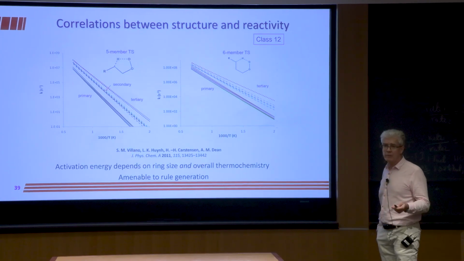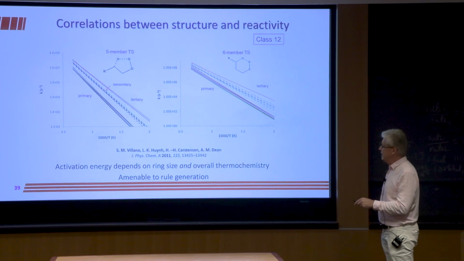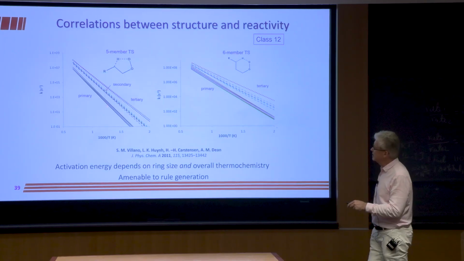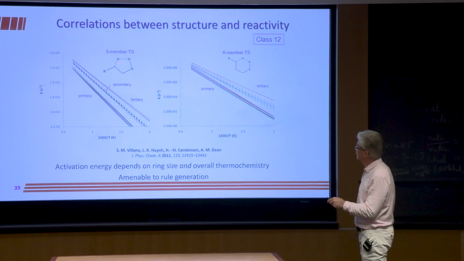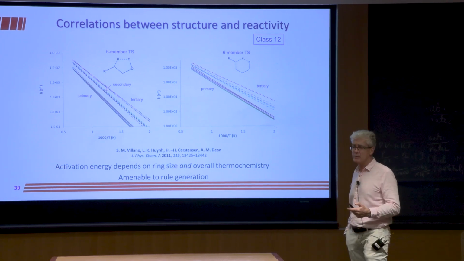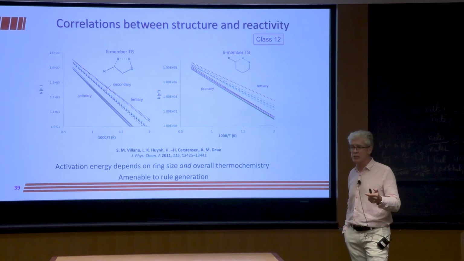So in the paper from Villano and Dean, what they did was a series of 5-membered transition state rings and 6-membered transition state rings, involving primary, secondary, and tertiary hydrogen atoms in the transition state.